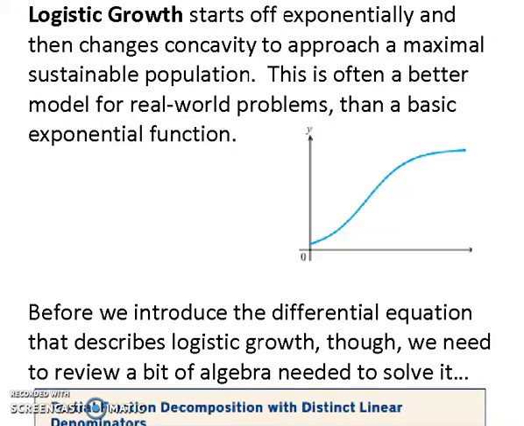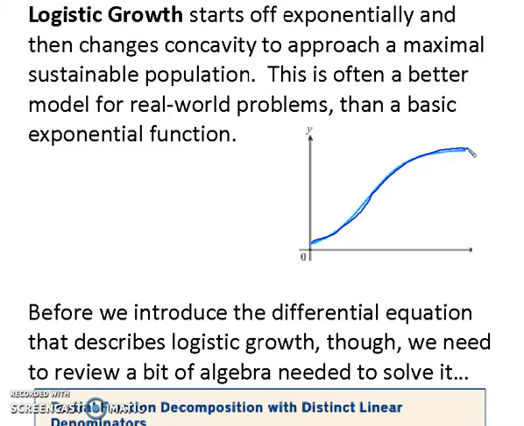So it goes from something that initially looks like an exponential function to something that ends up looking like a logarithmic function and has a horizontal asymptote at the value that is the maximum sustainable population. Like I said, this is very often a better model for real-world problems than a basic exponential function.